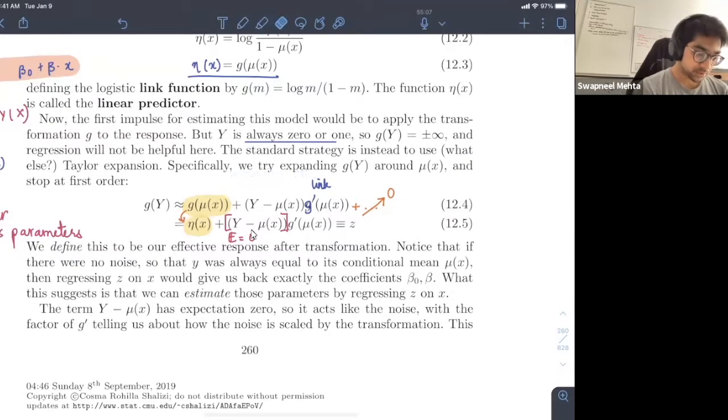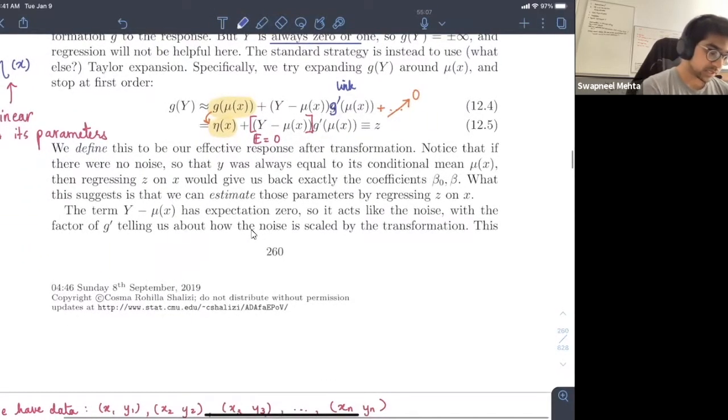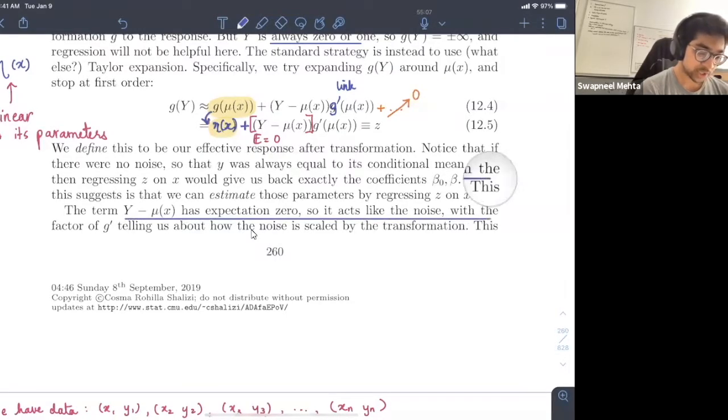But let's leave that out for now. So with this Taylor expansion, we know that g of mu x can be rewritten as eta of x, and we have this other term that has expectation zero. That is why Shalizi claims that this term, y minus mu x, acts as the noise.